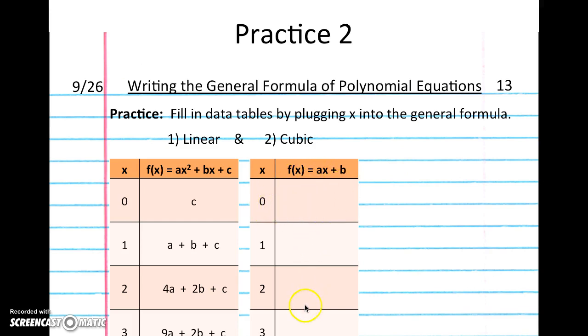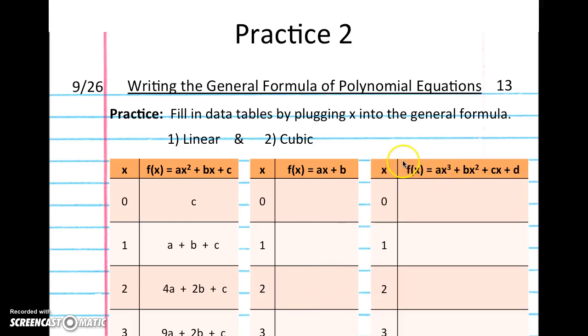And here your answers are all going to have some letters like a, b, c, or d. Actually just a and b in this case. For the cubic, you'll have d because you have this as your general formula, ax cubed plus bx squared plus cx plus d. You're going to plug these x values in, do scratch work on the side, and enter in the expressions that you get in these boxes here.